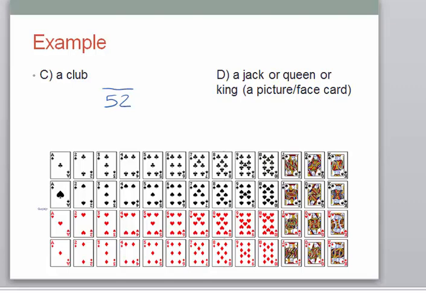And so if we look at our picture, we can see that this row lists all the clubs. And so there are 13 cards that I circled. So there are 13 clubs in the deck out of a total of 52 cards. Reducing that fraction becomes 1 out of 4.